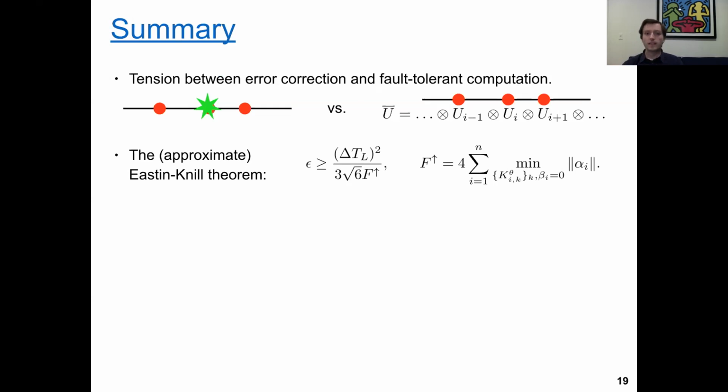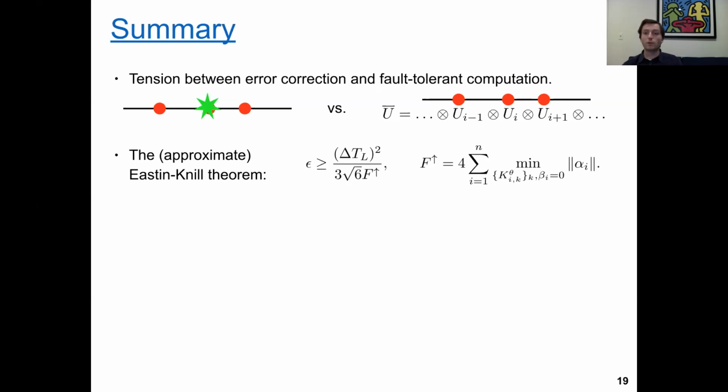But in that setting, we also end up with a no-go result. If we want to have a covariant code with transversal gates, there's a certain price we have to pay, and the code cannot be arbitrarily good.